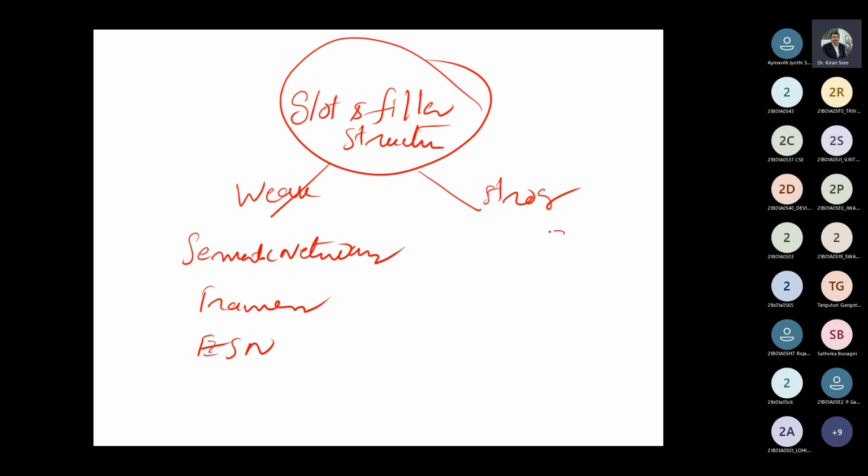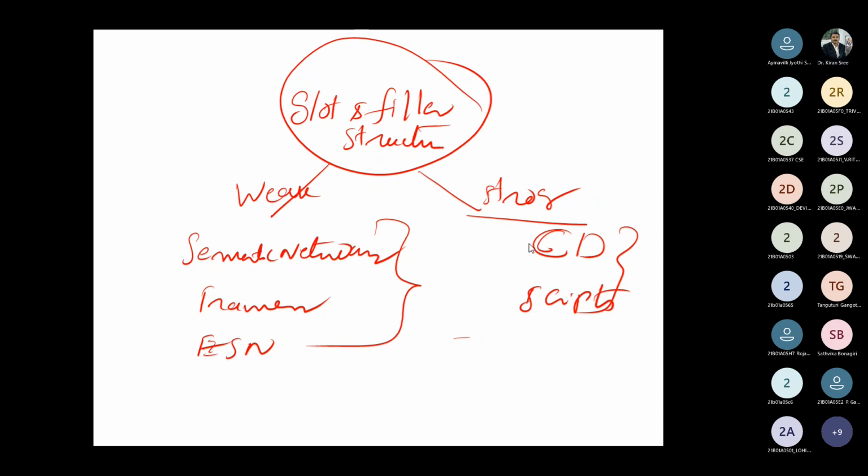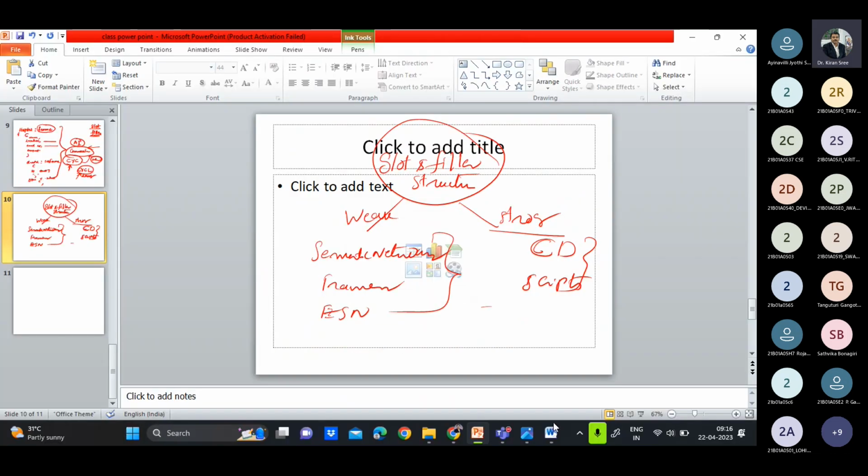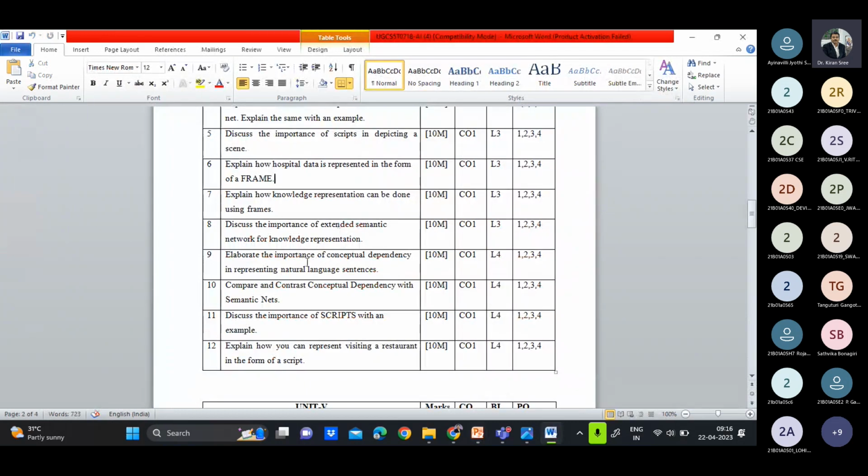Strong way is conceptual dependency and scripts. If somebody asks you what are the strong slot filler structures, you can write conceptual dependency and scripts. Weak way means you have to write extended semantic networks and frames. This is also important in the context of the external exam.